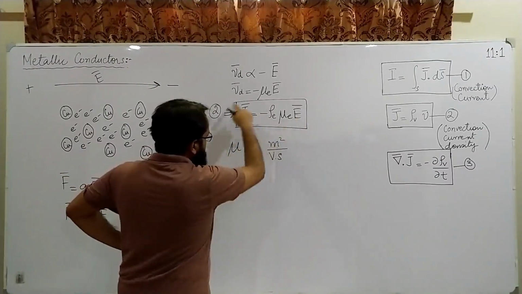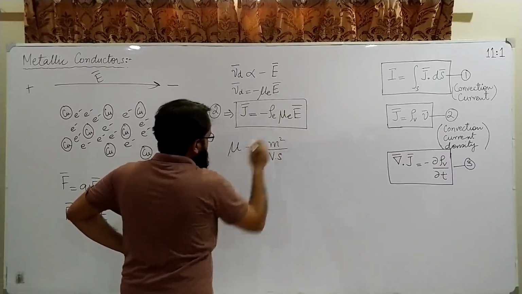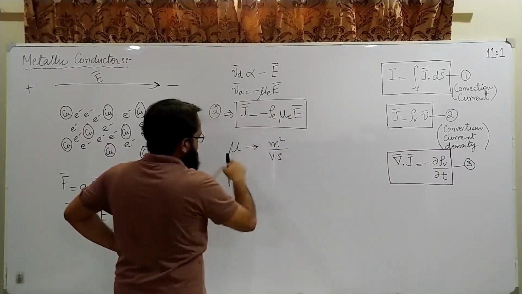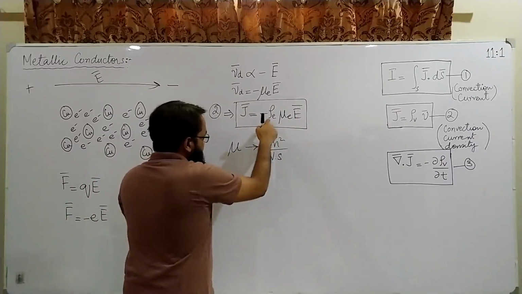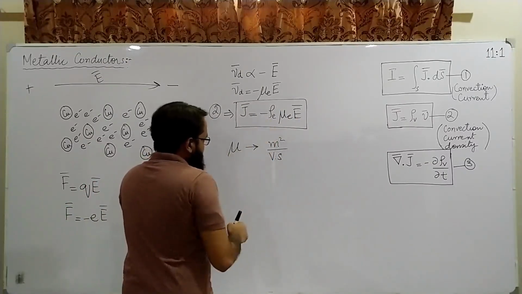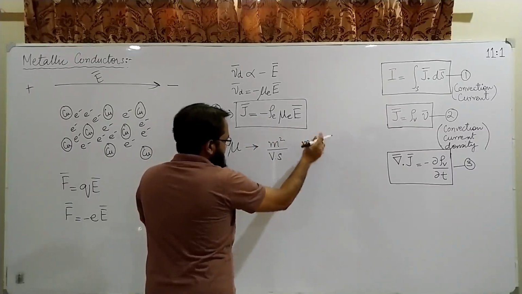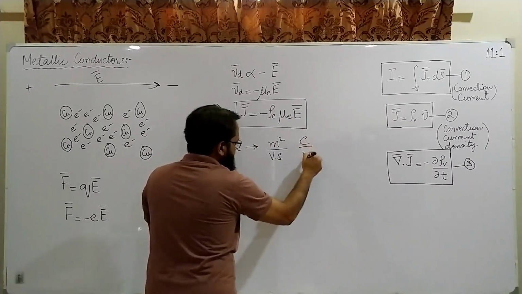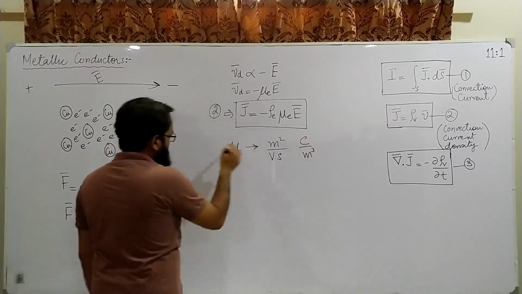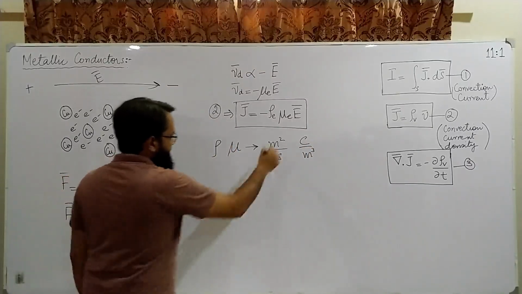If you see, mu e is measured in meter square per volt second, and rho e is measured in coulombs per meter cube. So rho e into mu gives us what?